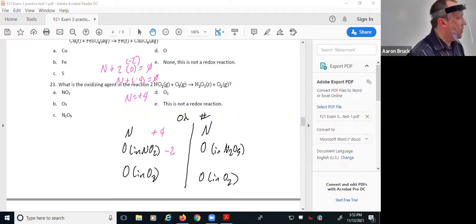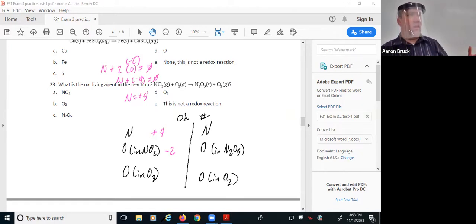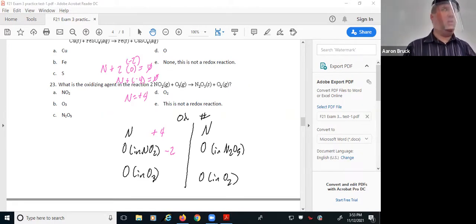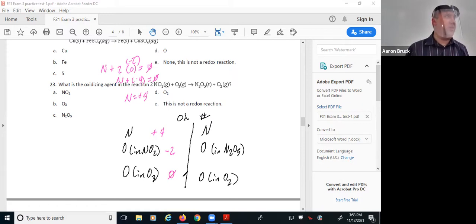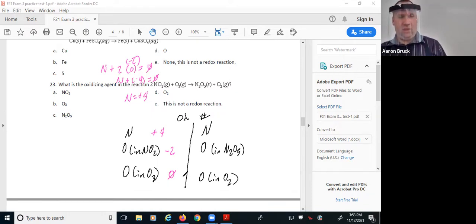Now, what about the ozone? Even though this isn't the natural elemental state, it is still an allotrope of oxygen. It's a neutral molecule containing only oxygen atoms. So from that standpoint, every one of those atoms is chargeless. On the other hand, over here now, N2O5, 2 nitrogen plus 5 oxygen is equal to 0.